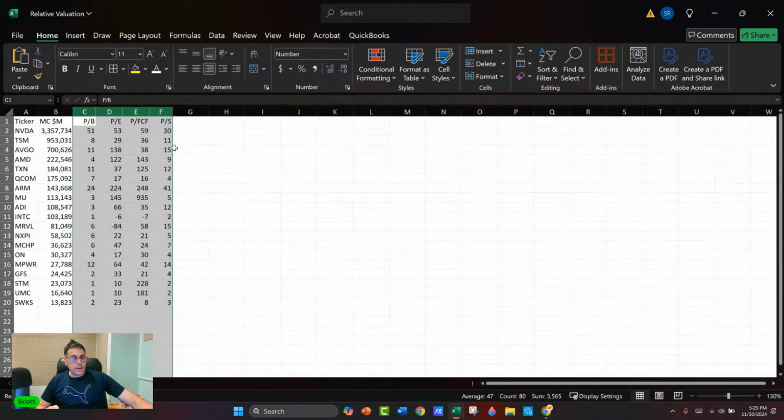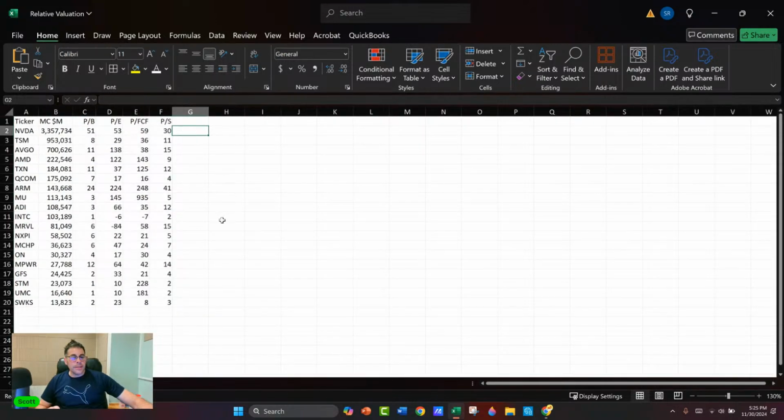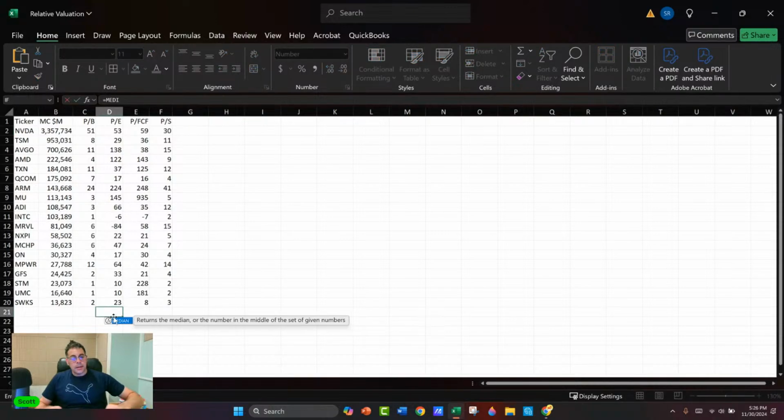I was going to try to show you an example, but I don't know if this would work. Let me see if I could do it. Let's get the median. This is semiconductor companies. I think it's a good industry to use.